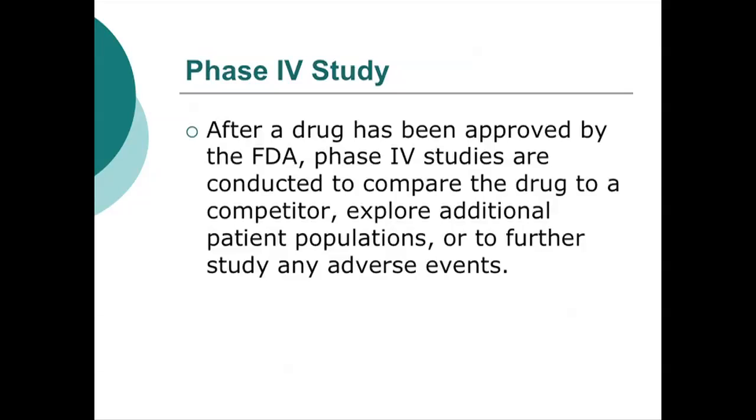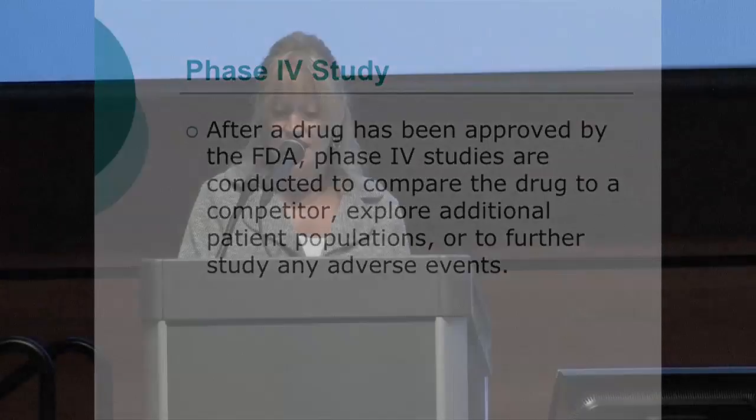A phase 4 study is after the drug has been approved by the FDA, and this is just to compare the newly approved drug with its competitors, explore additional patient populations, and to study any new adverse events.